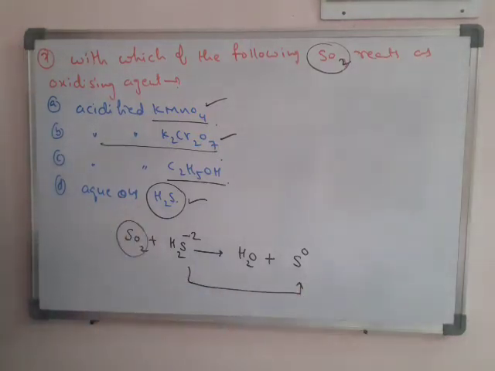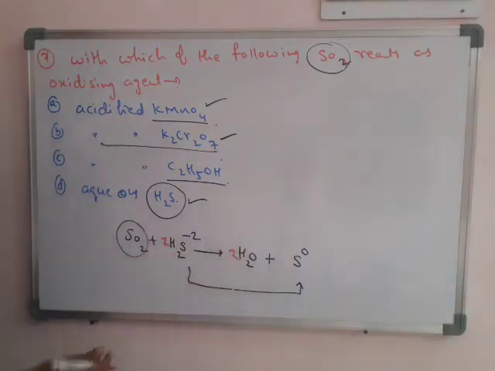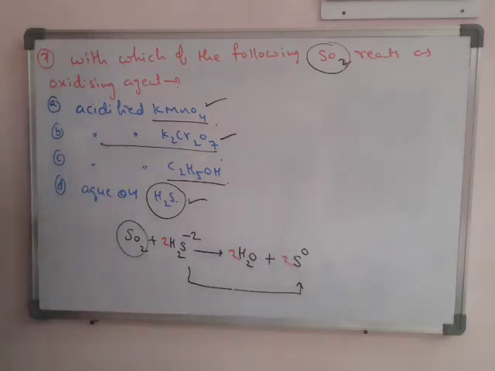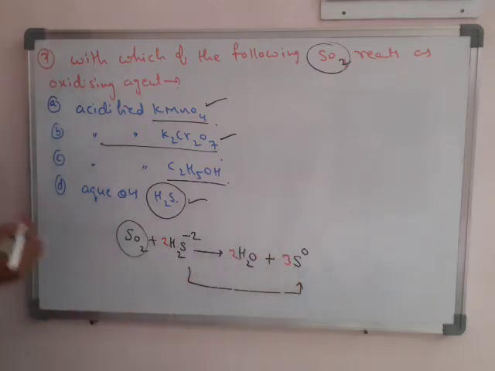Okay, here two sulfurs. Write it as two sulfurs. So here the four sulfurs become. So no need of balancing the equation. Just this is the answer.